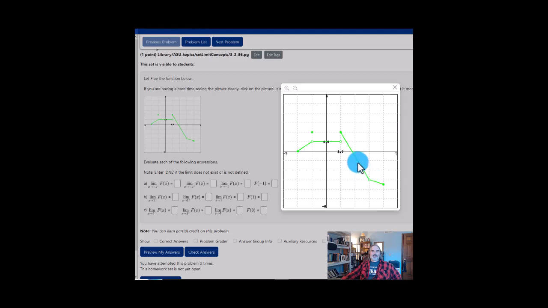It sure looks like we would be hitting y equals -3. As our x values approach -3 from the right, we are riding along this little bitty sloped part of the function. And again, it sure looks like the y value we're approaching is -3. So in this case, the two limit values from the left and from the right are both -3. That means the overall limit does exist and is -3.